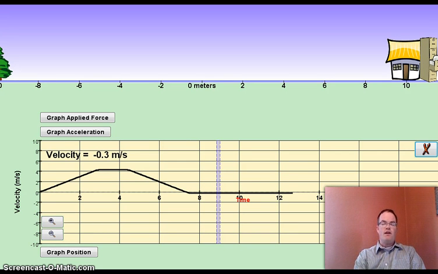So there you see, while he was pushing on the file cabinet, we have here a change in the velocity. The y-axis here is labeled velocity in meters per second. What happened right here?